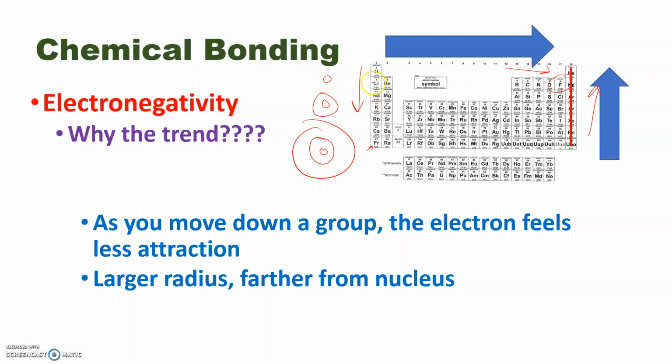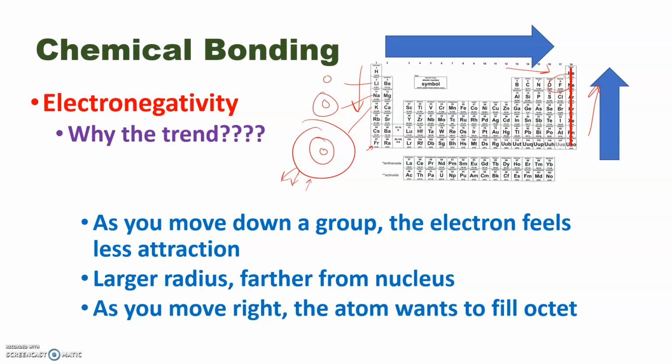So if this was lithium, sodium, and potassium, potassium is going to have an easier time letting go of an electron. It's harder for potassium to keep its electrons. It's because it's bigger. The electrons that it's losing or trying to gain are much further away from the nucleus, so it has a lower electronegativity. It's less good at pulling in electrons.